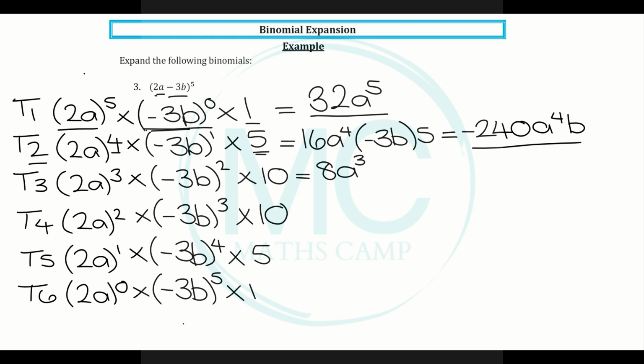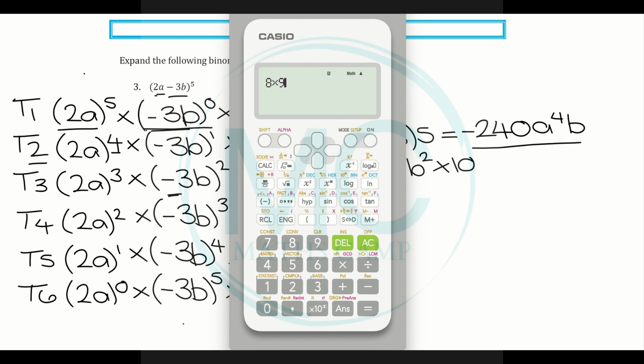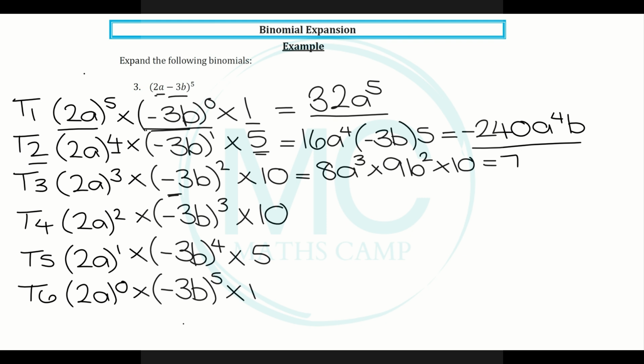If you have a bracket with a negative and an exponent with an even number, 2, 4, 6, and so on, our answer becomes positive. So now I have 8a cubed multiplied by negative 3 squared, which is 9. So it becomes 9b squared multiplied by 10. Take my calculator. 8 multiplied by 9 multiplied by 10 is equal to 720. This becomes 720 a cubed b squared.